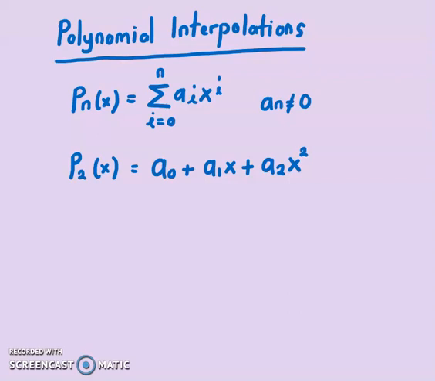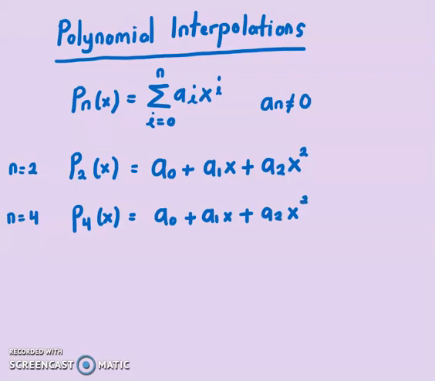So this is a polynomial of degree 2. If I have n equals 4, my p4(x) can be written as a0 plus a1 x plus a2 x^2 plus a3 x^3 plus a4 x^4. So this is a polynomial.